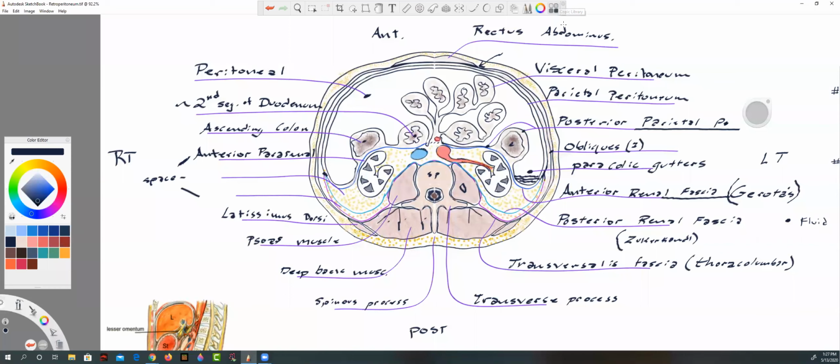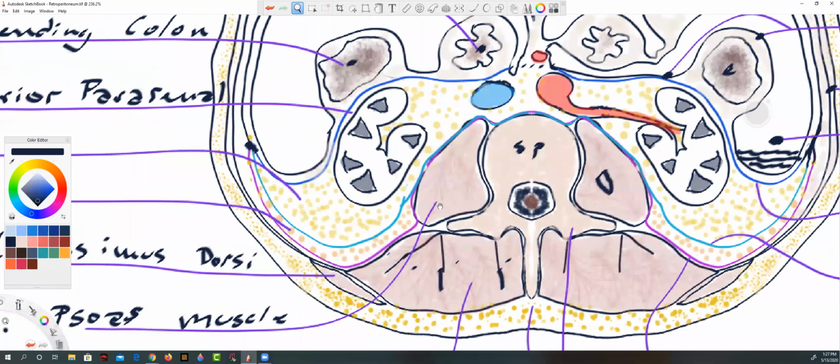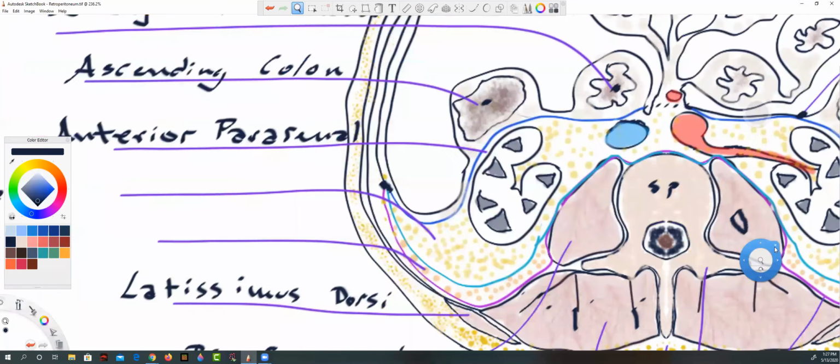So let's zoom in a little bit so we can see this space here. I don't like that. Let's put a pretty color in there.